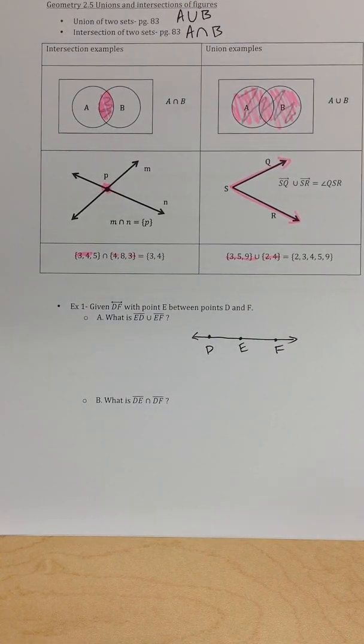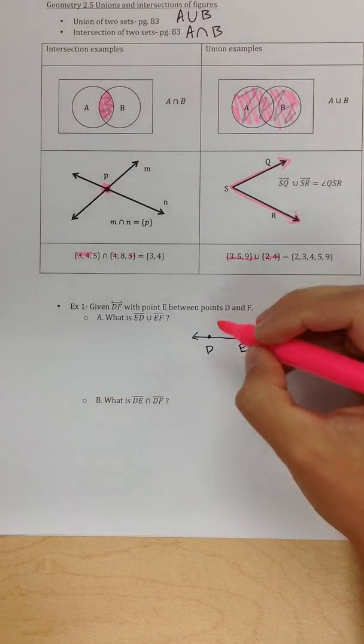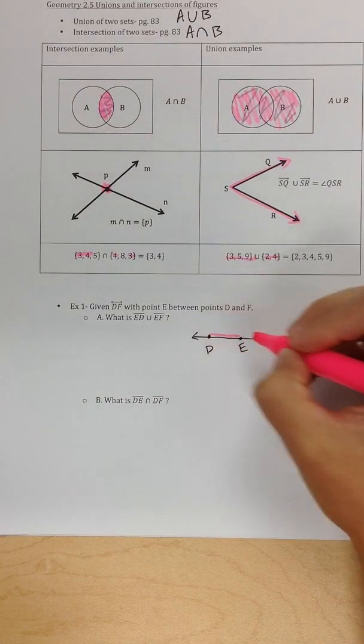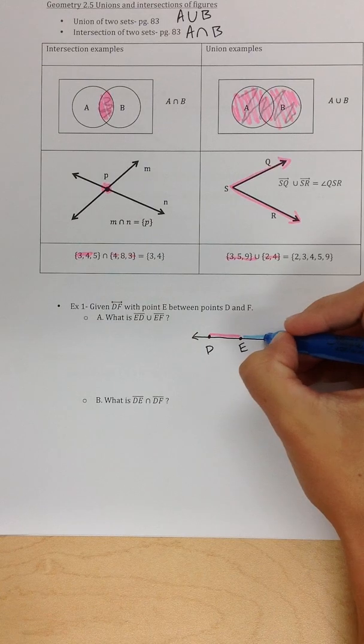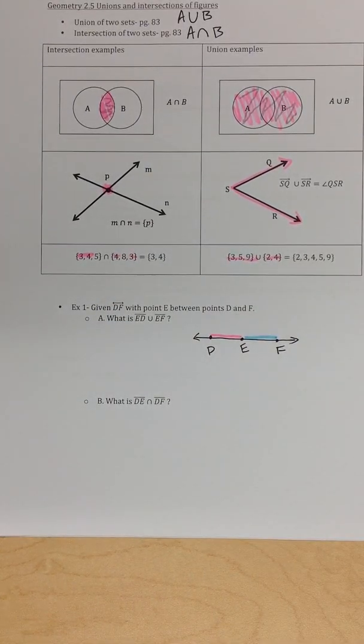Then for the first part, we're supposed to figure out the union of the segment ED and EF. The segment ED would be that chunk right there. The segment EF would be that chunk right there. If I want the union, I want both of those together.